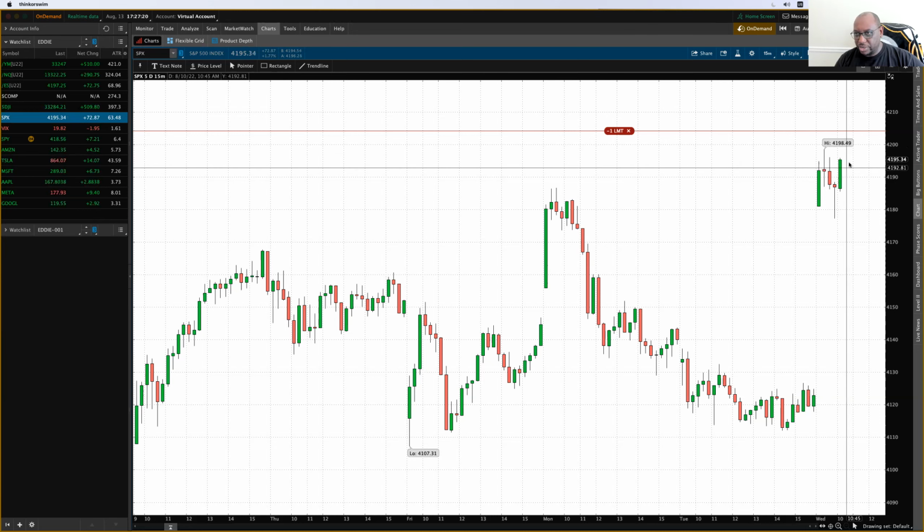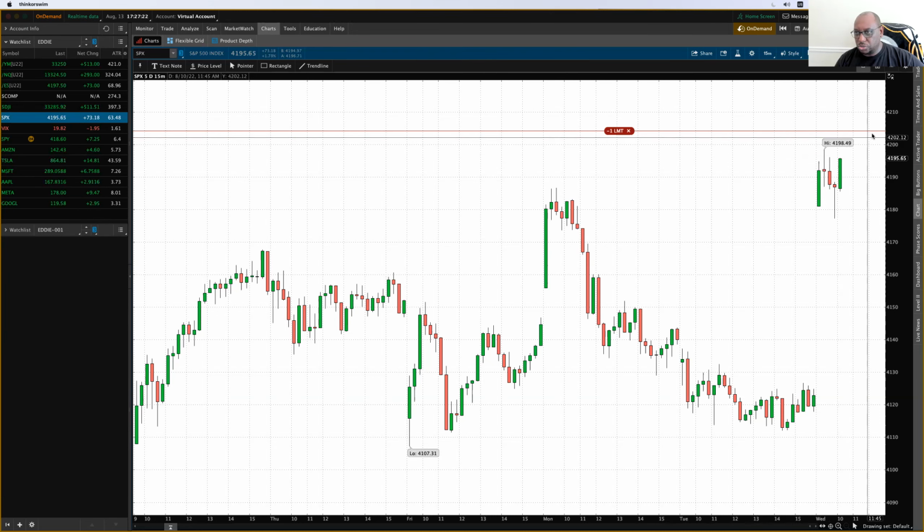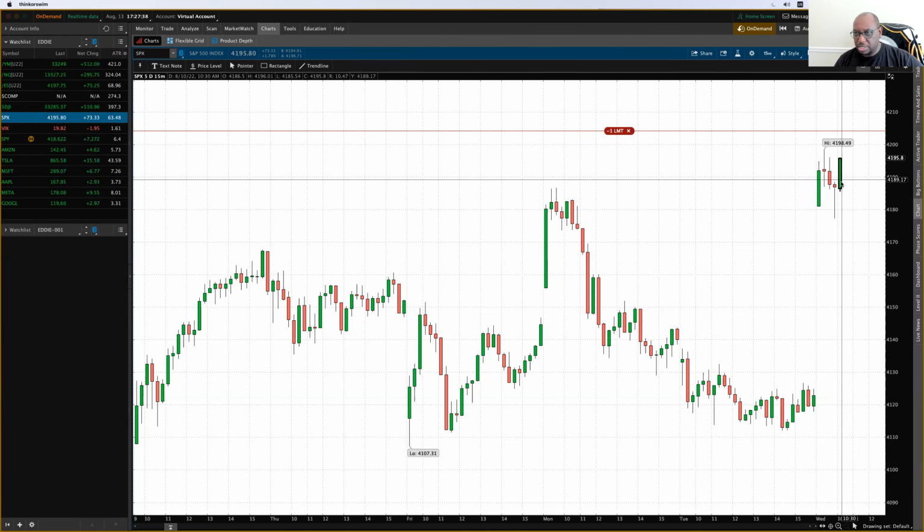I think it's very, very likely that we're going to see this, considering that we have a strong upward movement. Looking at ES at the moment, we are up 72, 73 points. Very, very strong move. I'm on the 15-minute chart. This candle here tells me this is a very strong bullish candle.